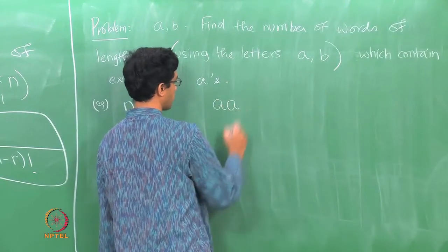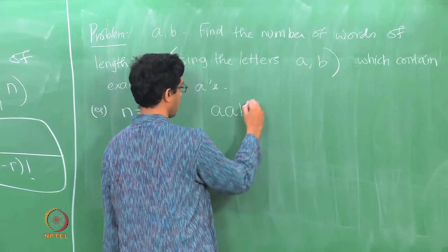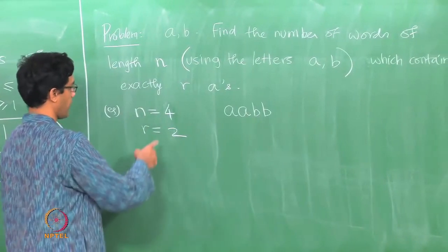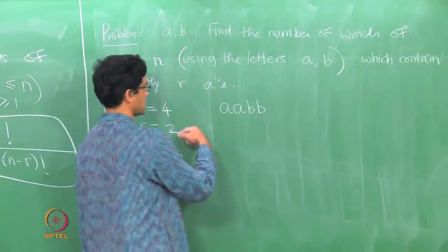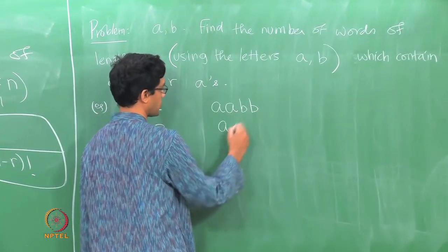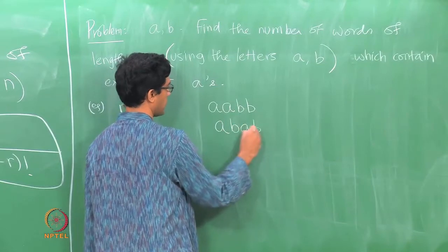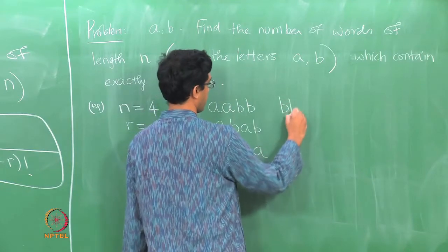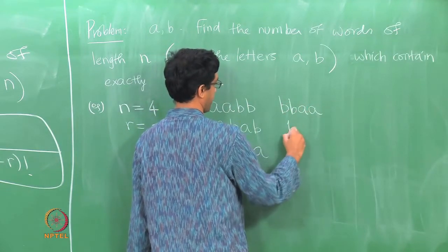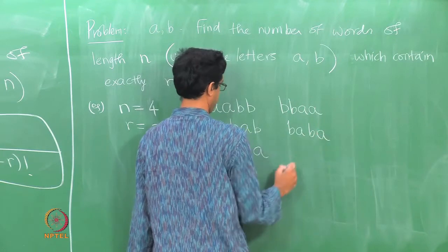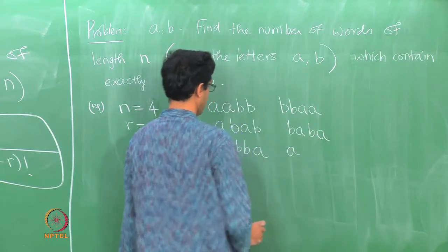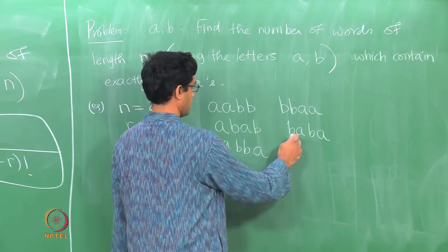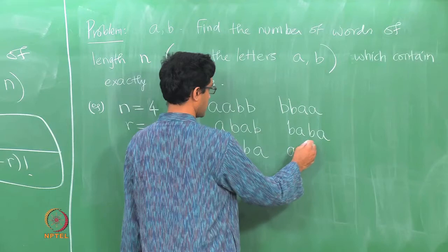So for instance, a word which has 2 A's, so a word is just 4 letters strung together. That's what a word of length 4 means, and I want 2 A's amongst these, which means the remaining 2 are B's. So here's one choice, here's another word, here's another word. Now similarly I have BA, BA, and let's see, what do I have now?